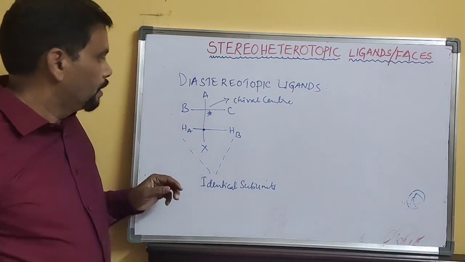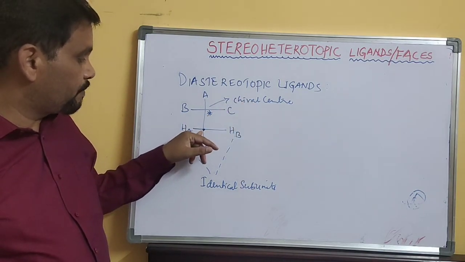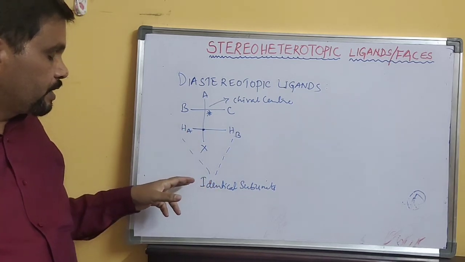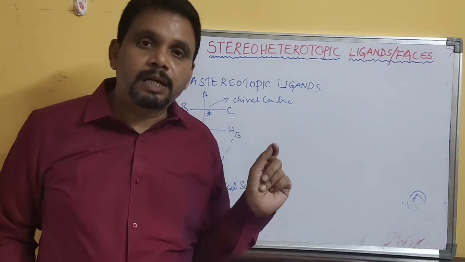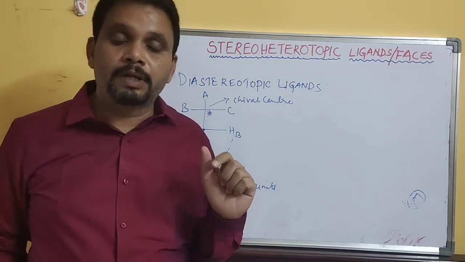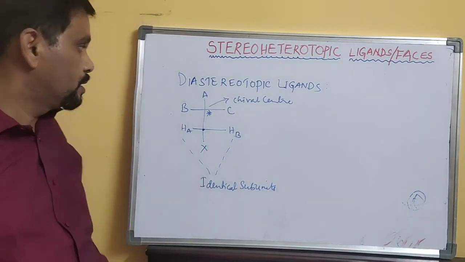Okay, if a chiral center is directly attached to an atom which has two identical subunits, those subunits can be considered diastereotopic ligands. You got my point, the definition?